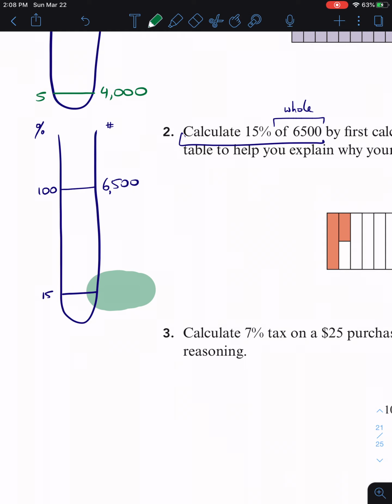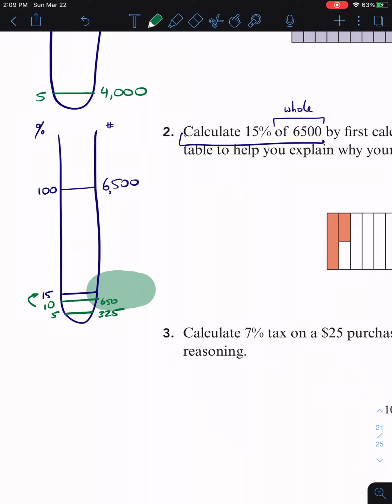So could we find 10%? We could, right? Because that's a tenth of 100%. So this would be 650. But how do we get to 15%? We need another 5%. Well, if 10% is 650, wouldn't 5% be 325?